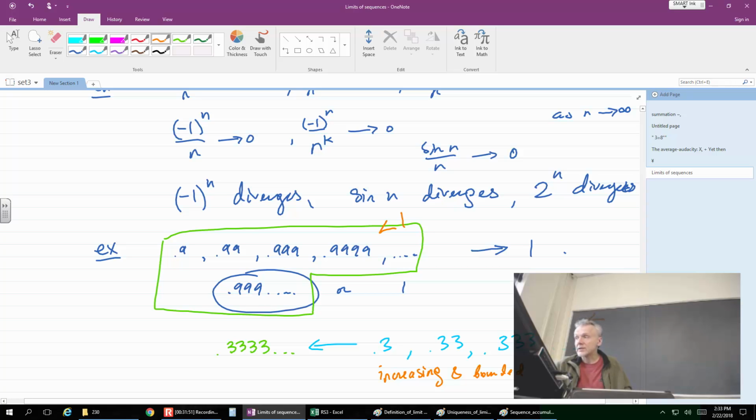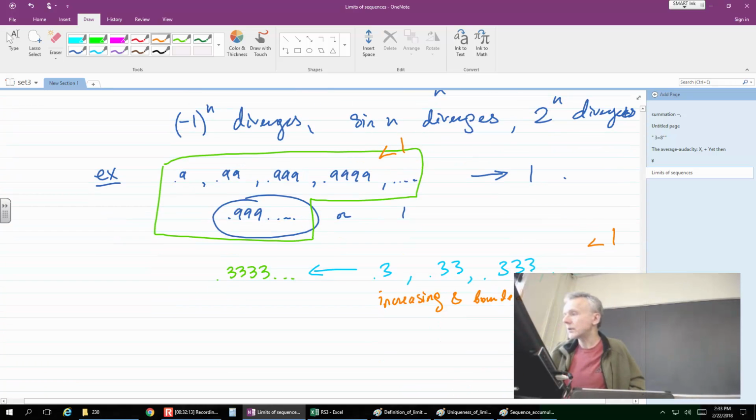All of these are less than, say, 1 as well. So in other words, every time we do this, truncating the decimal, we end up with a sequence that is increasing and is bounded. And then there's a theorem that says, let me just state that: every increasing and bounded sequence converges.